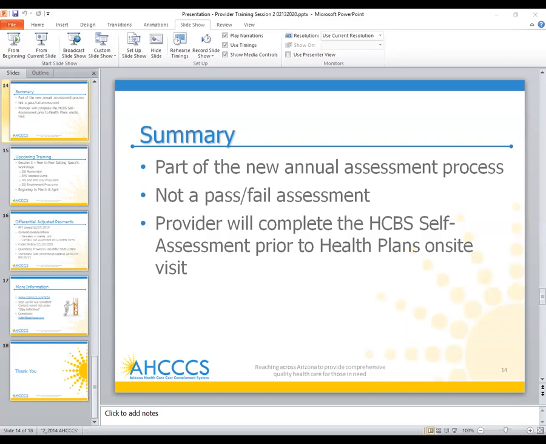So your self-assessment is the foundation of the quality monitoring visit, and then the health plan is filling in with these other ways of gathering information, observing what's going on, and talking to people who are served by your program or your facility. It is then validating the fact that you've said, we're strong here, we might be a little weak here, or we were weak here a year ago, but now we've implemented some new programming, and now we are at this place. So just to give you a little bit of context around the use of the other tools.